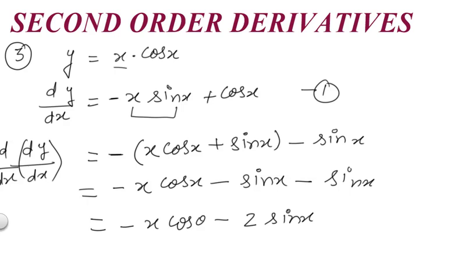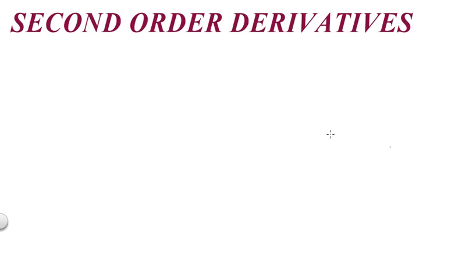Let us now move to the next question, which is question number 5. In question number 5, they are asking you to find the second order derivative of the function y equals x cube into log of x. Again the product rule will be used. Let us first differentiate it with respect to x.